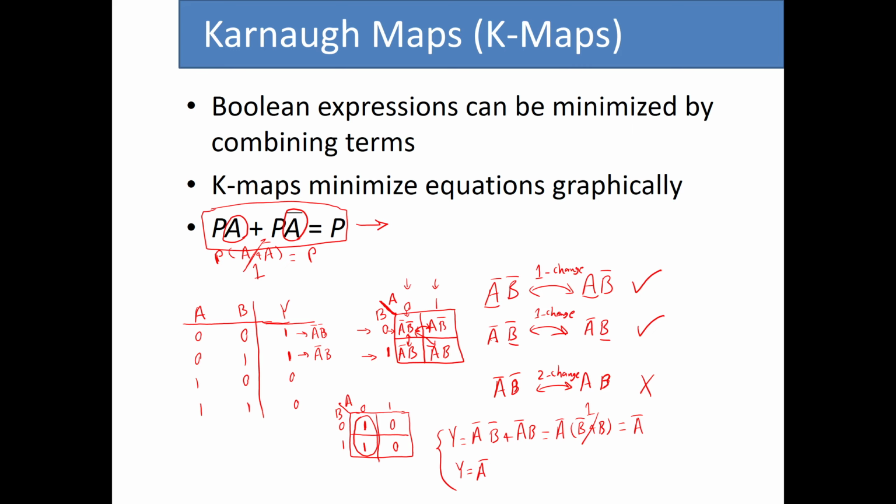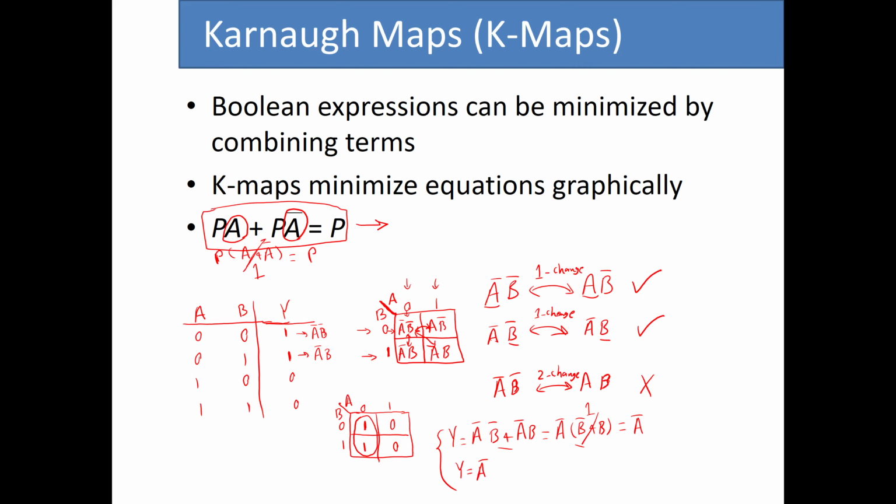Of course, for this 2x2 Karnaugh map, the benefits are not that great, right? Because you can easily just write these two terms and come up with your final function, right? But when you have 3 or 4 variables, using Karnaugh maps is much more elegant and straightforward than trying to use the theorems, right?